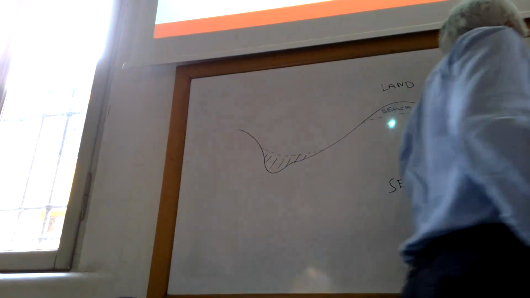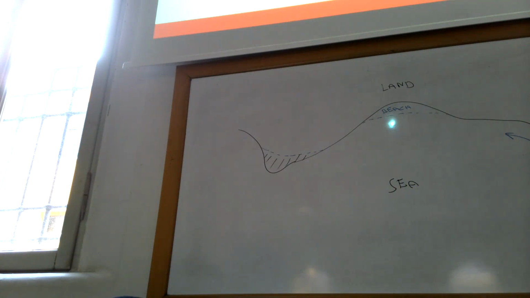Just one second. Let's suppose that we have a coastline here. And let's suppose that here we have a breakwater. And let's suppose that the dominant wave direction is this one. So downdrift means this side of the breakwater.